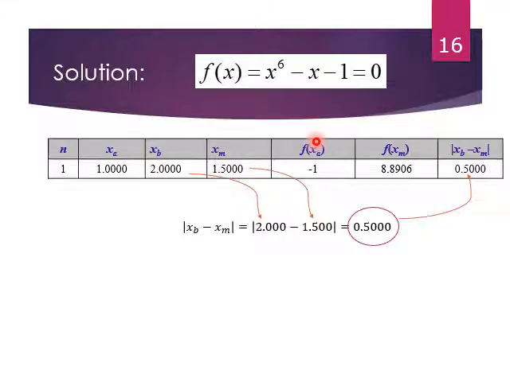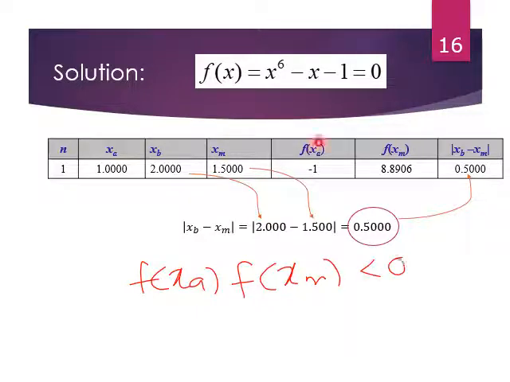Now we're going to evaluate the multiplication. If we multiply f(xa) by f(xm), you can see that it is less than 0, because minus 1 times 8.89 is a negative value. Basically I don't need the value, I just want to know the signs of the function evaluation.